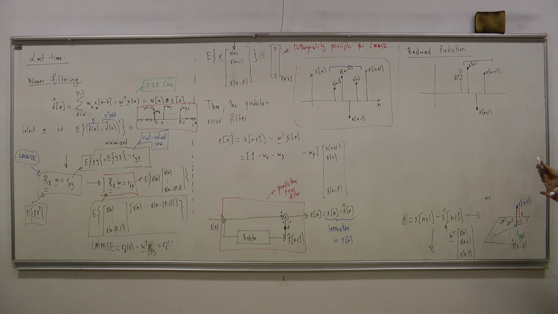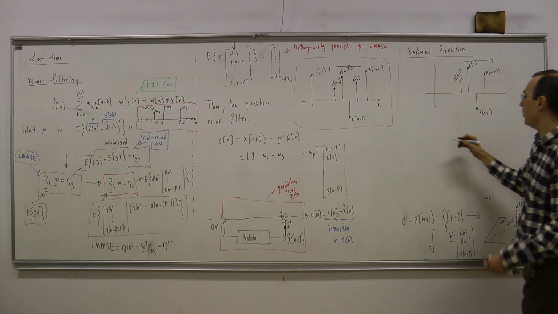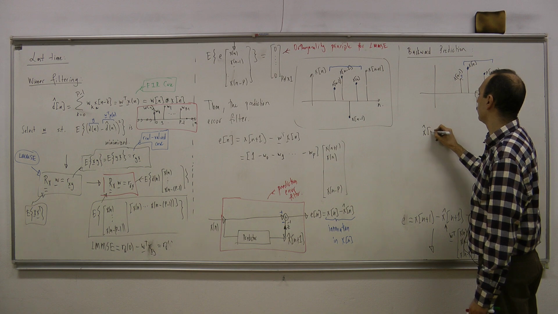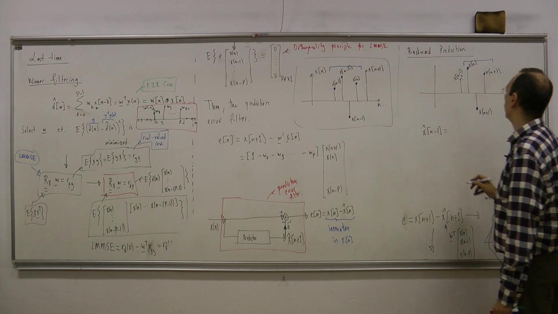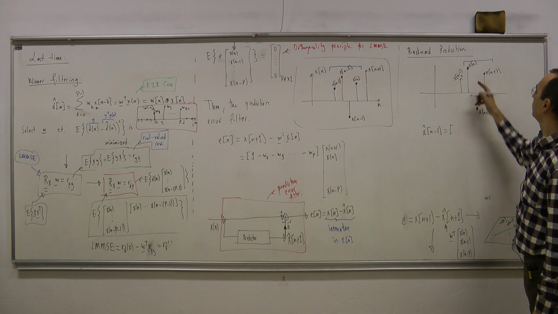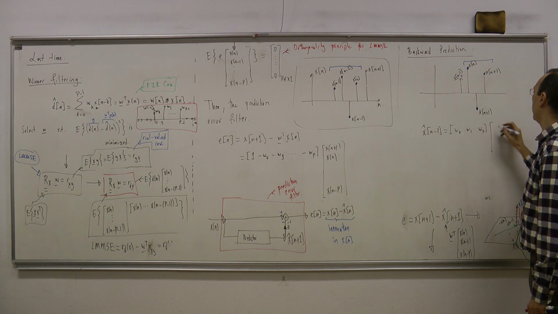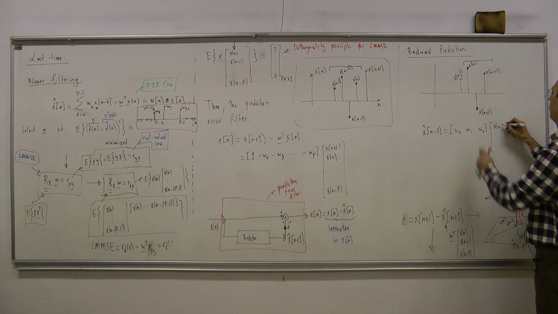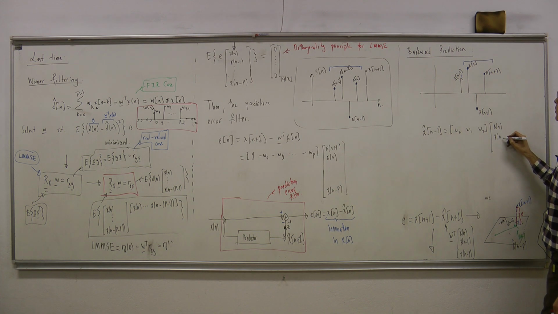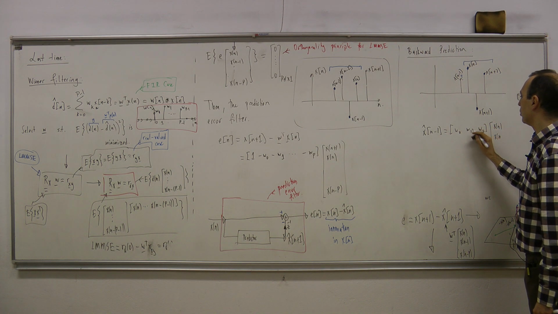So what's the change? Well, the change is not much. Then x at n minus 1 is equal to a linear combination of x of n, x of n plus 1, x of n plus 2.